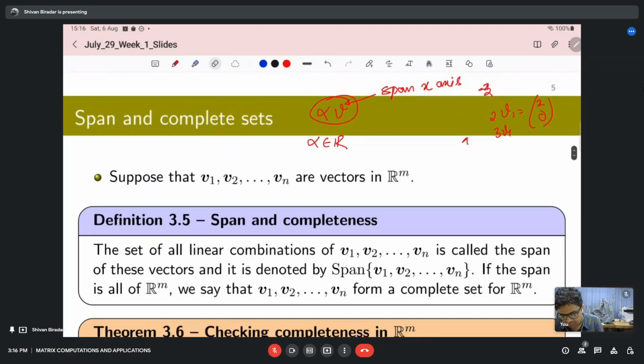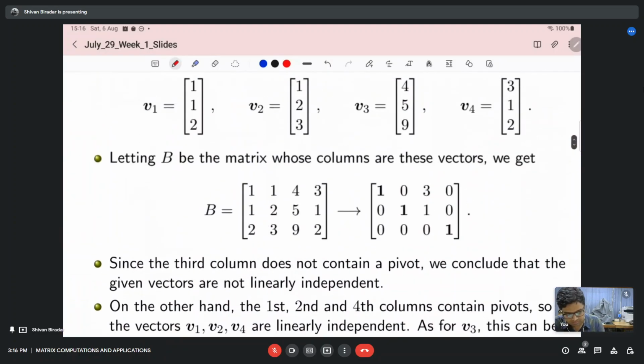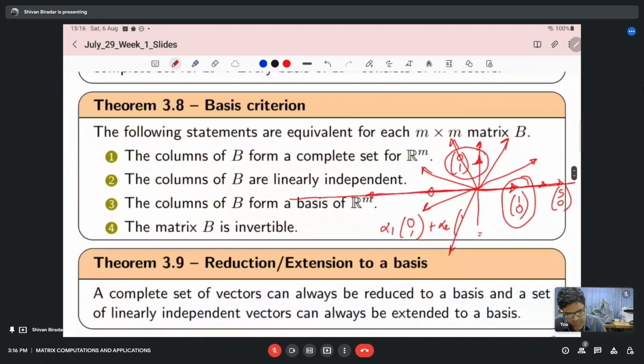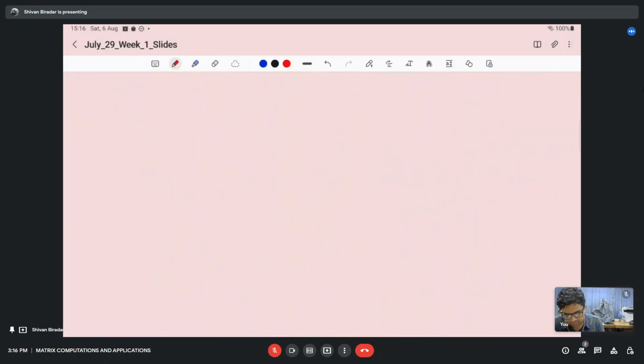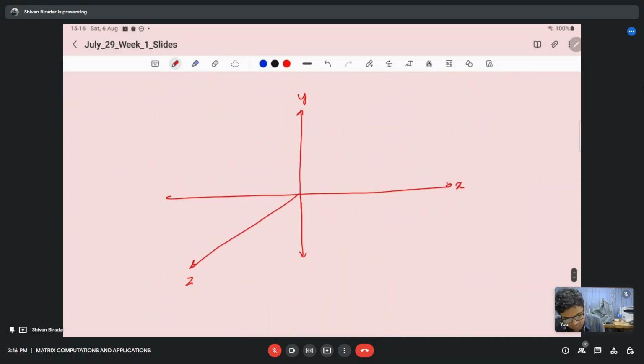So if I take another example, I have a 3-dimension space. This is the z-axis, x, y, right? So let us say that I have two vectors.